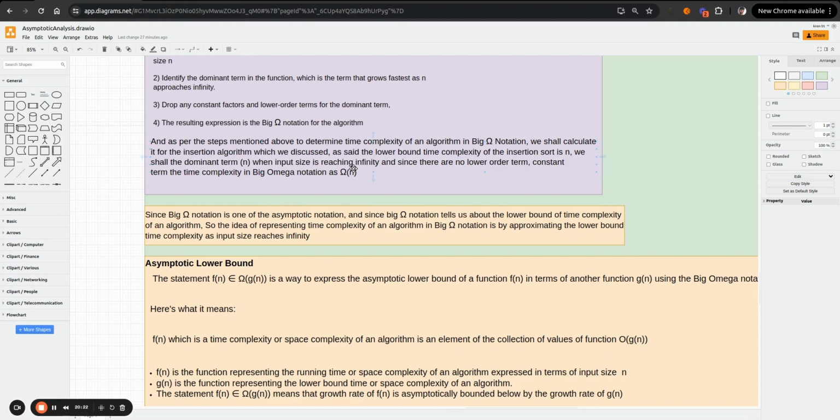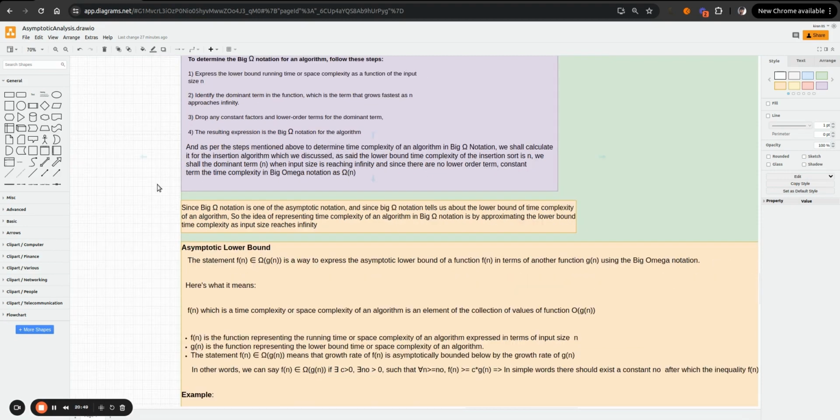It only gives the lower value this algorithm can take for a certain value of n. Suppose we assume n equals 2. For n equals 2, this expression value is 2, right? So it doesn't mean that after two instructions this algorithm will be done. It only says that for n equals 2, the minimum steps it can take for a particular type of input is 2.